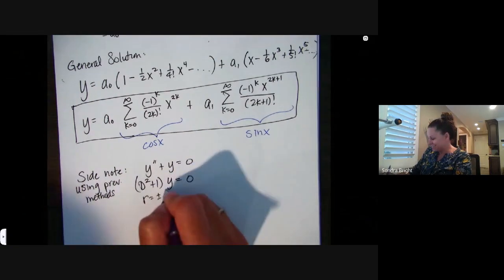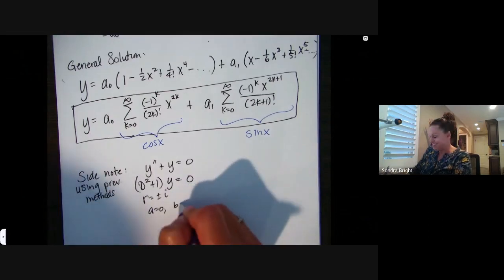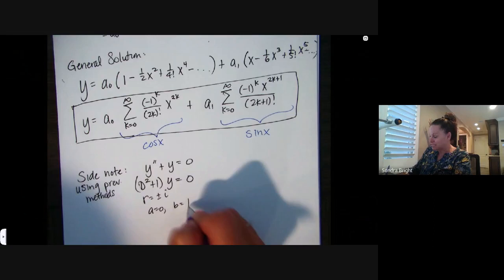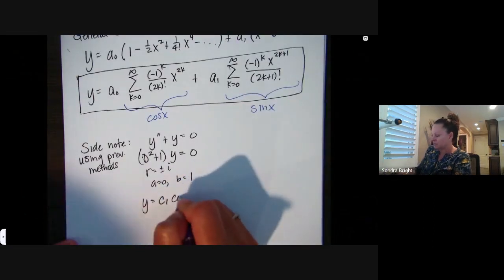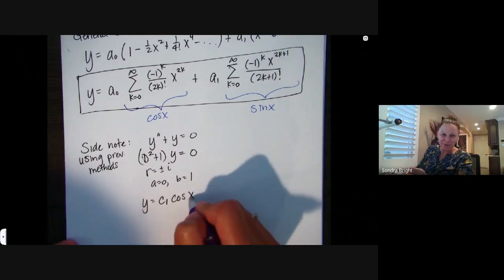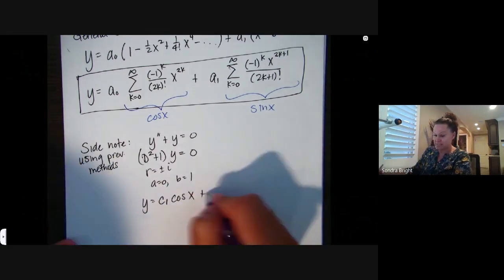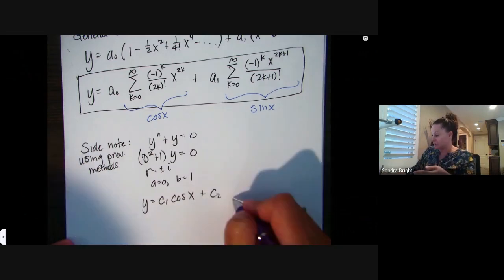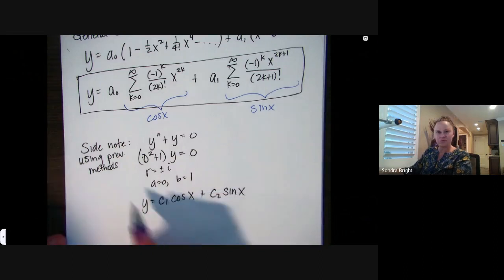So that means a is 0 and b was 1. And your solution was y equals c1 times cosine of 1x, because it was e to the 0x times cosine of x, plus some other constant times e to the 0 times sine of 1x. Those are the same things.